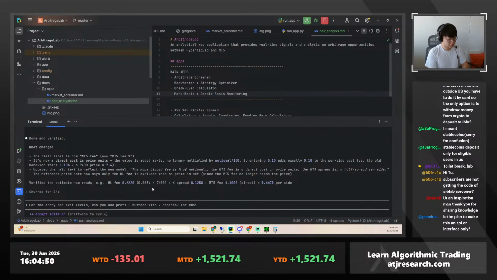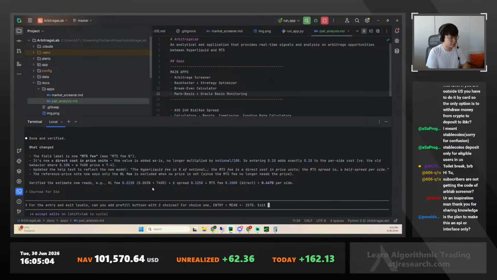For choice 1, entry is equal to mean plus minus 2 std, exit is equal to mean.